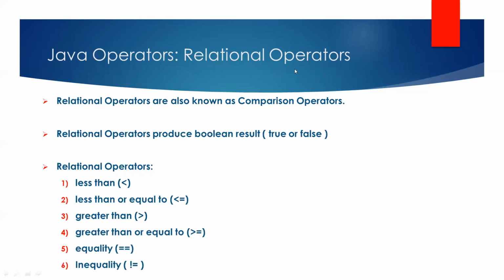Means the return type of a relational expression will always be the Boolean type. So if one value is less than another value, it will return true.